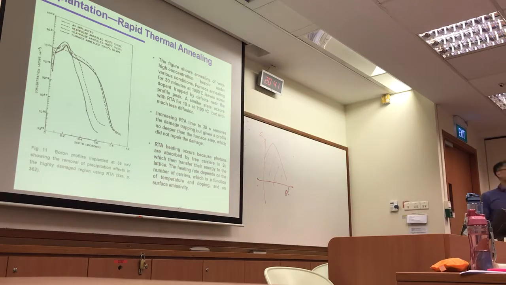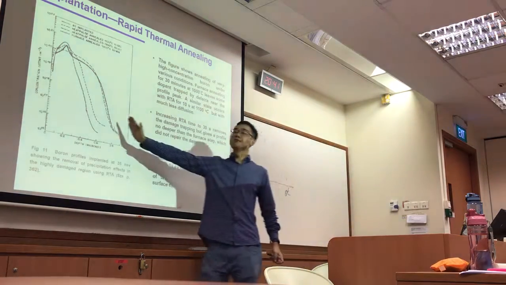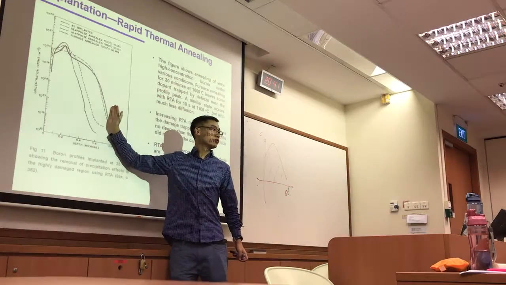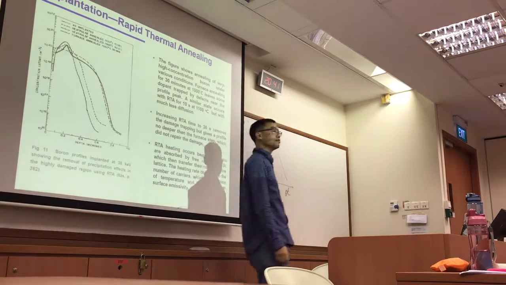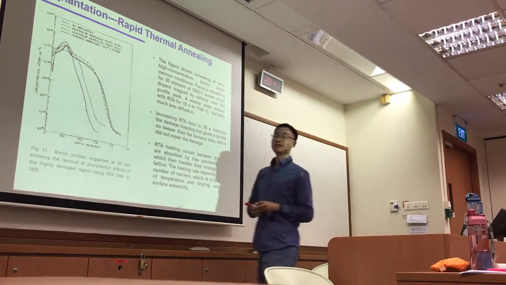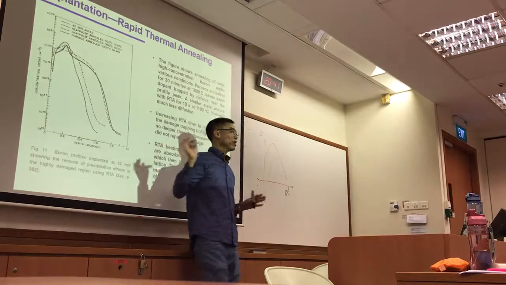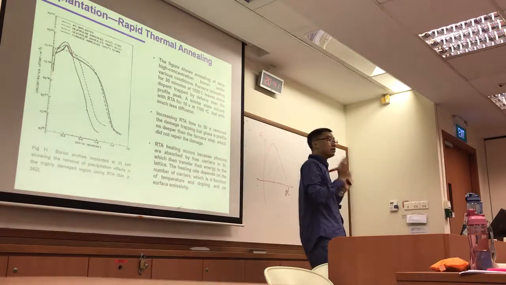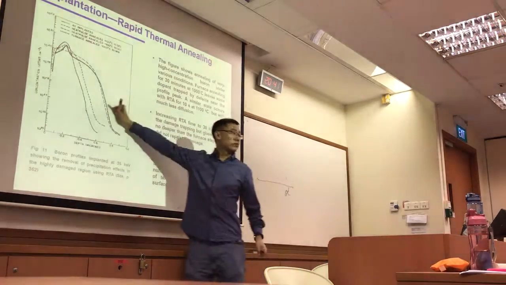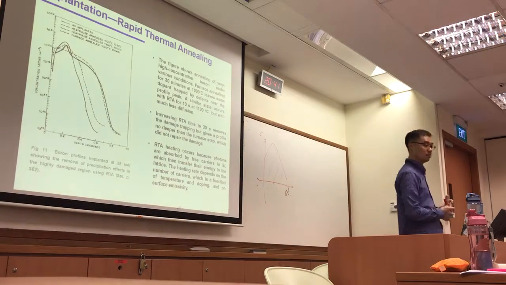However, very high temperature anneal and long time anneal also gives you diffusion of the dopant. So you don't have a very shallow junction. Okay, so that is the interpretation of this graph. So understand them, but you don't have to remember them. Okay, rapid thermal anneal.